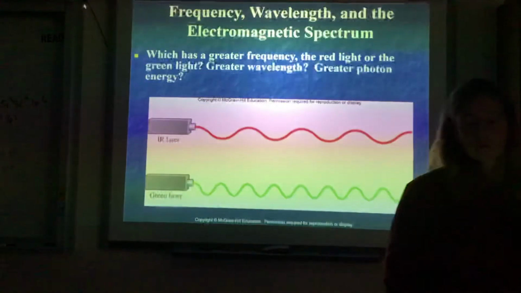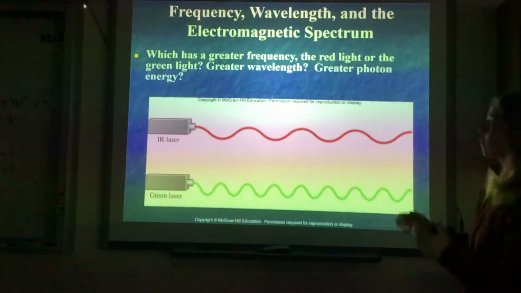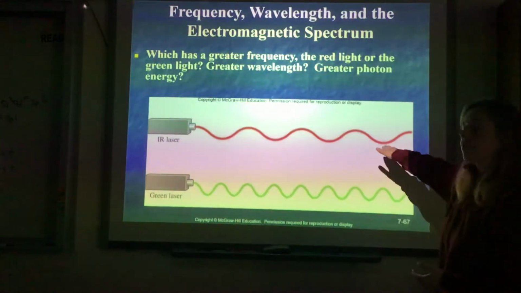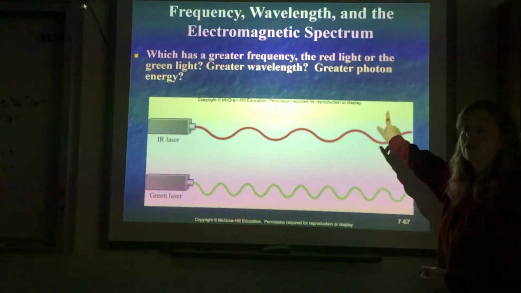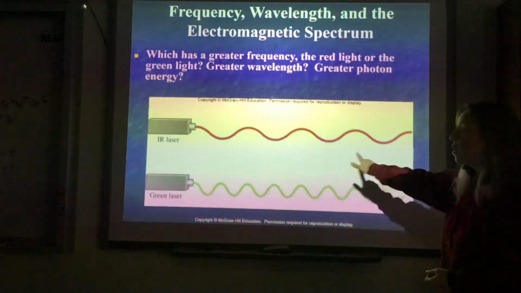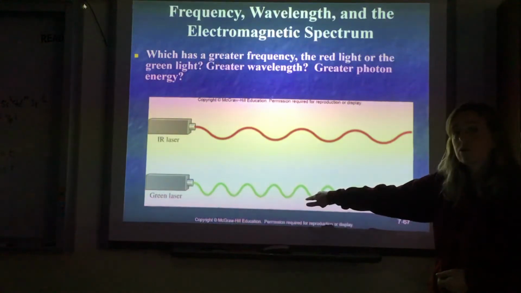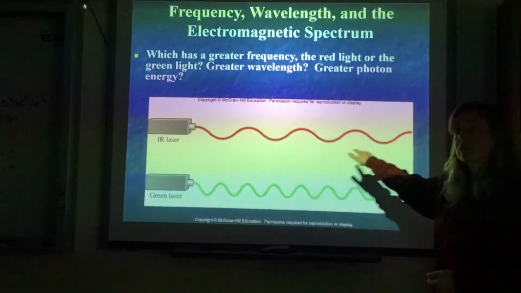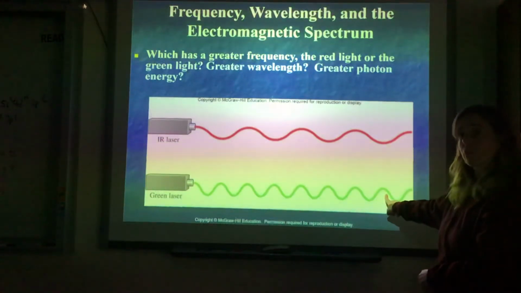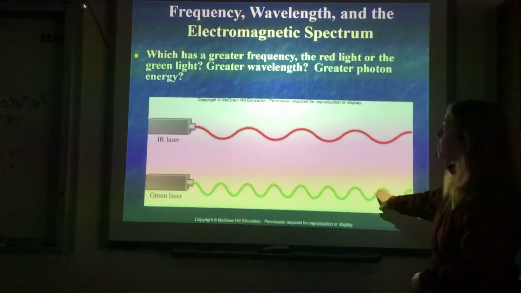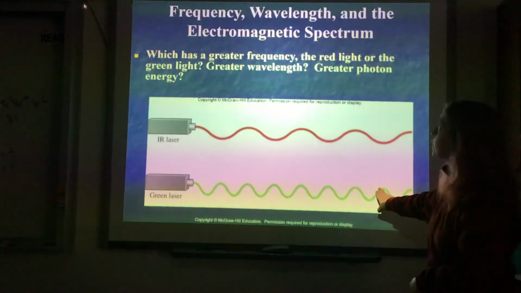Okay? So which one has the greater frequency? Infrared red light or green light? Well, longer wavelength, lower frequency. Shorter wavelength, higher frequency. And you can see how this one has a shorter wavelength. So this is going to have your higher frequency, okay?